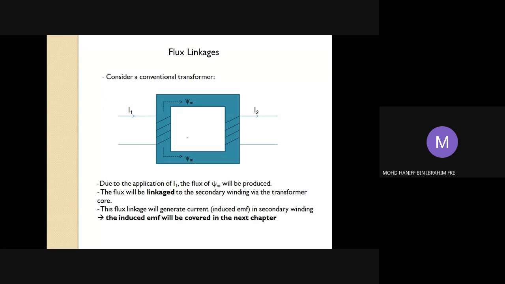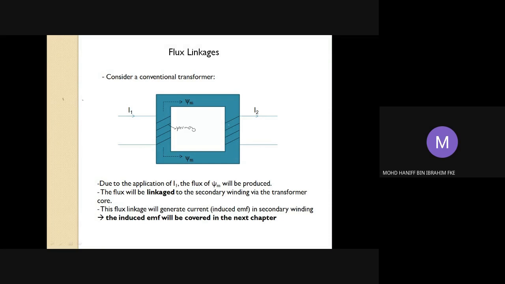So flux linkage, based on this slide here, is the fundamental concept that forms the base for the transformer's function. Based on this diagram, this is your current, this is your primary windings, and this is the secondary winding. I think you know what a transformer is all about.